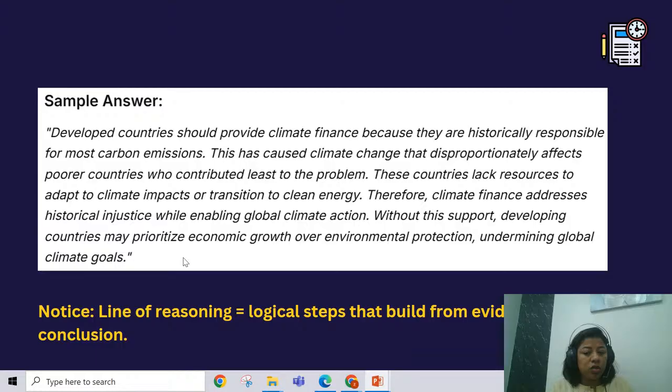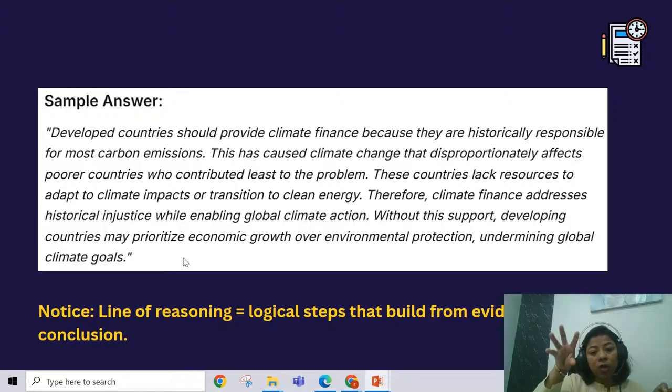If you notice the first sentence, developed countries should provide climate finance because... You have to start your answer with a personal response, and then justify why you think that. You say because they are historically responsible for most carbon emissions. If you have any data, facts or information in the source, talk about it over here.